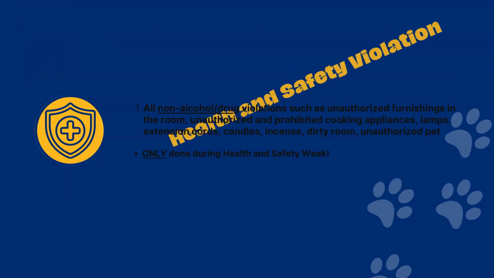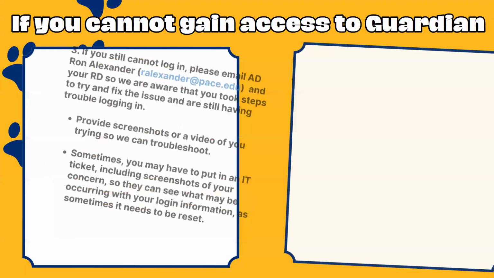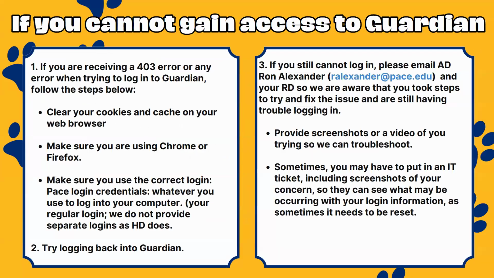Locked out of Guardian and greeted by a grumpy 403 error? Don't worry, we've got your back. First, give your browser a little spring cleaning, clear those cookies and cache. Use a trusty sidekick like Chrome or Firefox. Ensure you're using the right secret code, your PACE login credentials, the same magic words you use for your computer. Still stuck? Try logging in again.